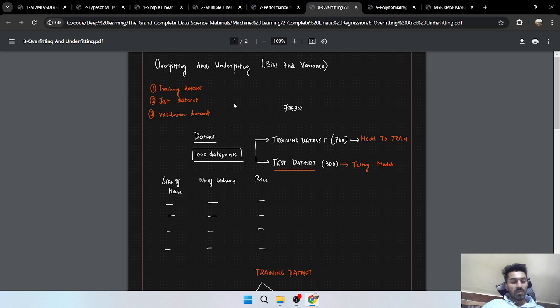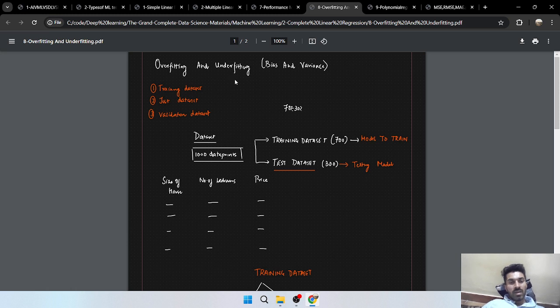In terms of machine learning, overfitting means low bias, high variance. Low bias means low error in training, and high variance means high testing error. Underfitting means your model does not perform well in training and does not perform well in testing either.